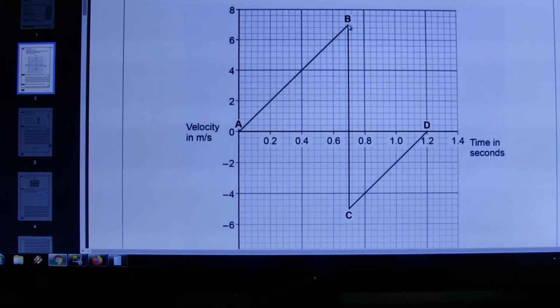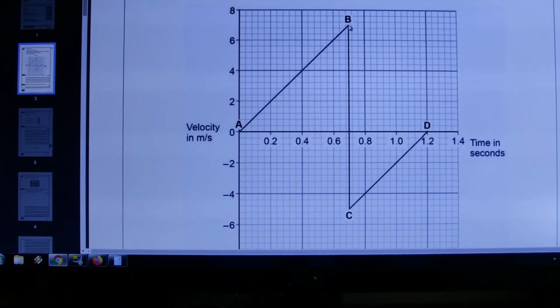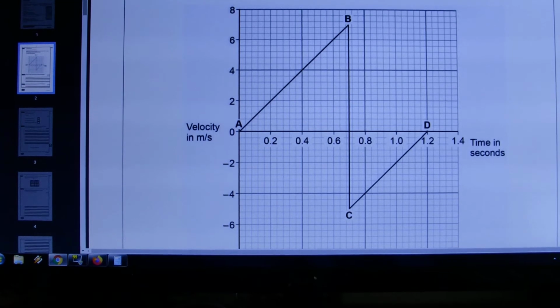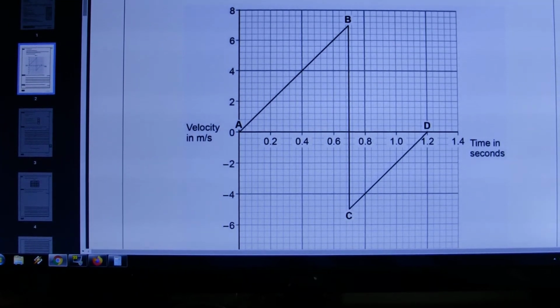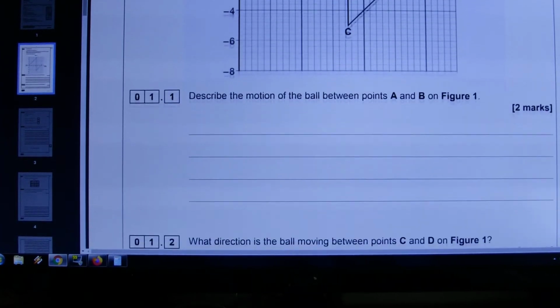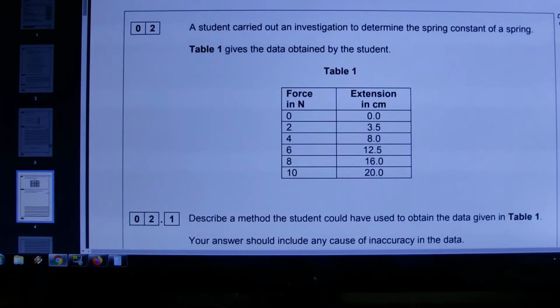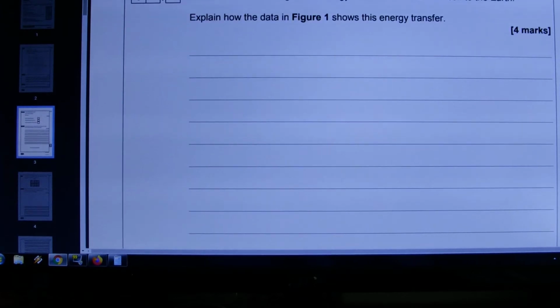This child dropped the ball from 1 meter, okay. Ish, 0.495, nearly the same thing. 7 meters per second. When it came back up, it was only doing 5 meters per second. Alright, so the ball has lost 2 meters per second of velocity. It's gone from a half its mass times 49 to a half its mass times 25 joules of kinetic energy. The rest of it has gone somewhere else.